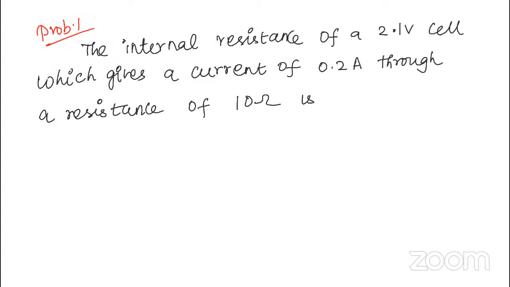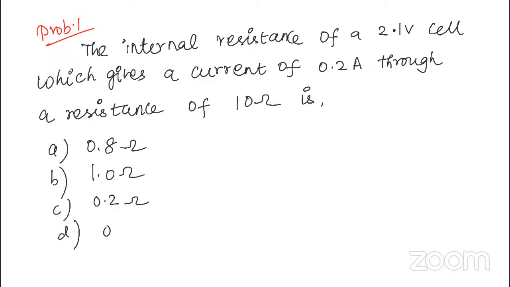Options: A, it is 0.8 ohms, B, it is 1 ohm, C, it is 0.2 ohm, and D, it is 0.5 ohms.